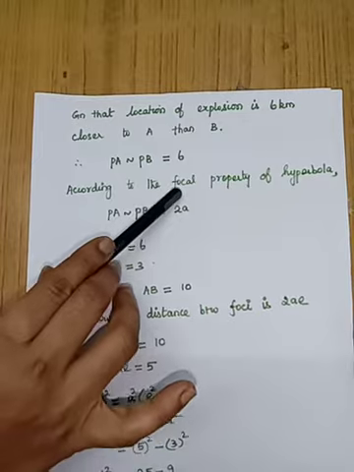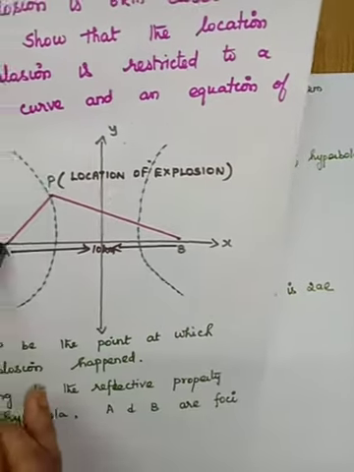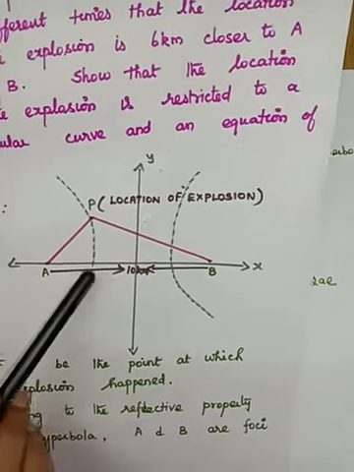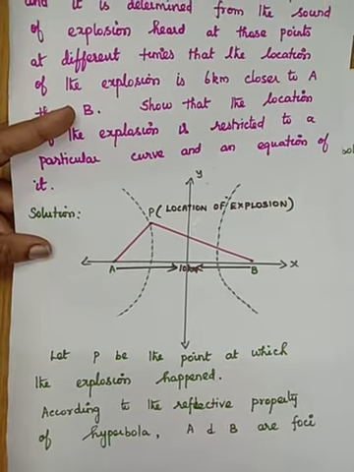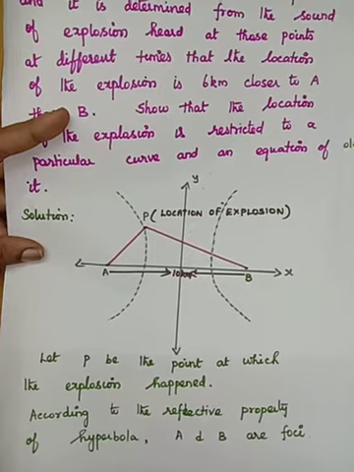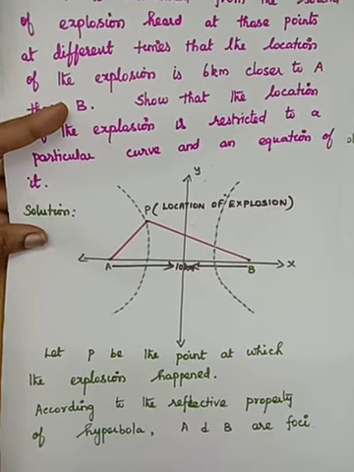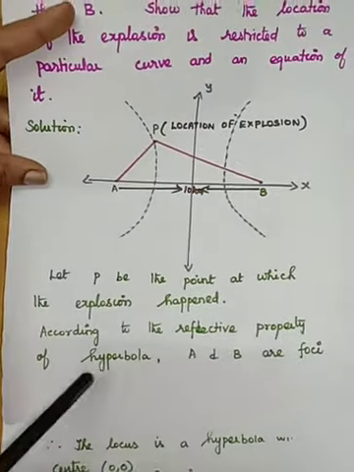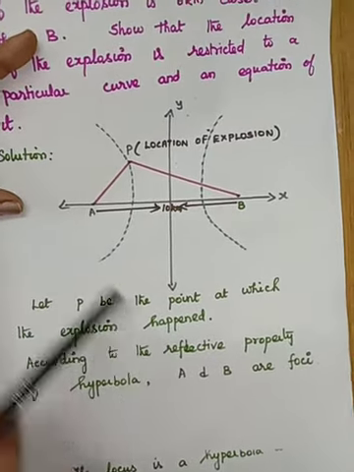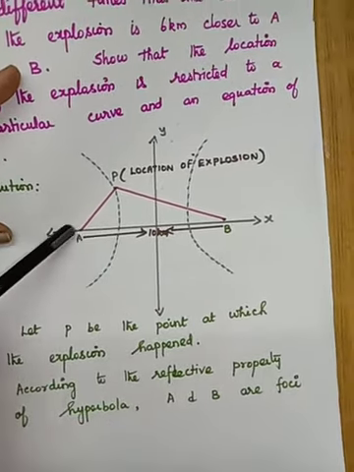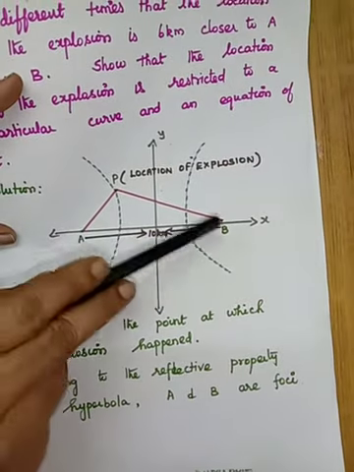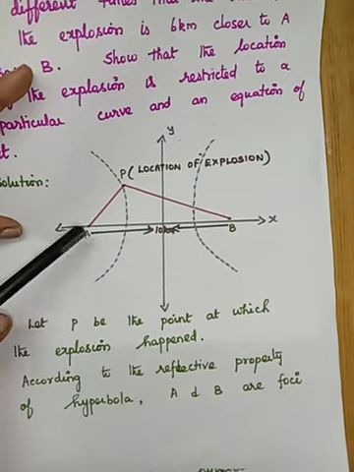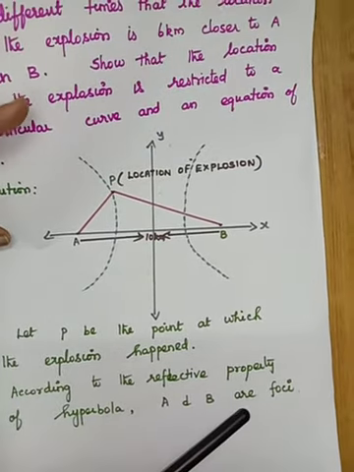What is the focal property? The difference of PA and PB is equal to the length of the transverse axis, which is 2a. So first we used the reflective property, and we came to know that A and B are foci.